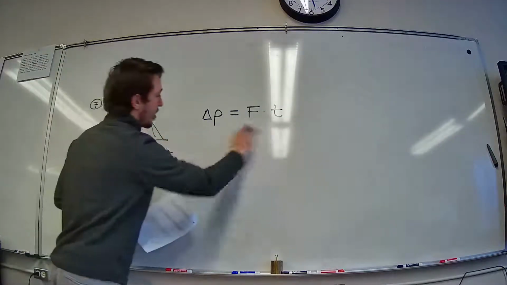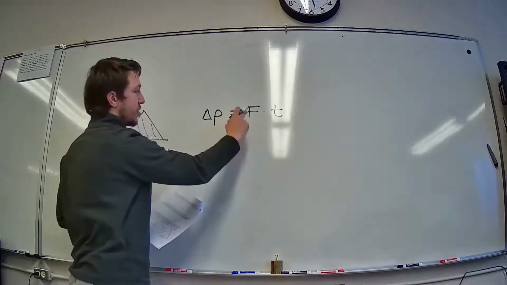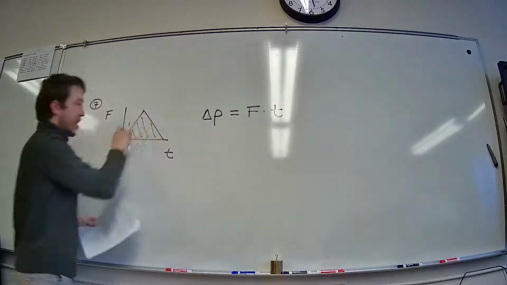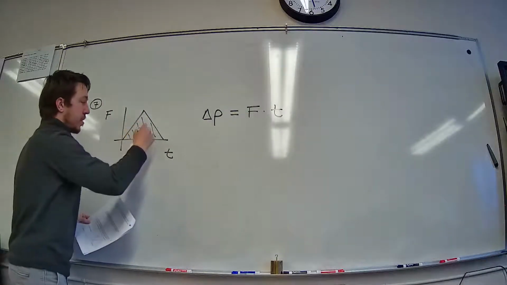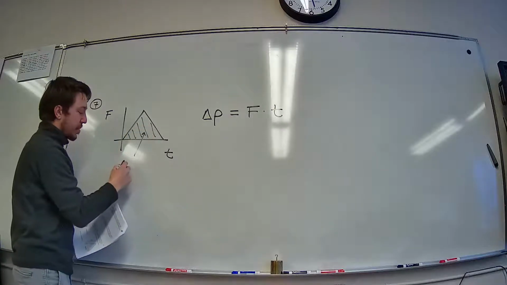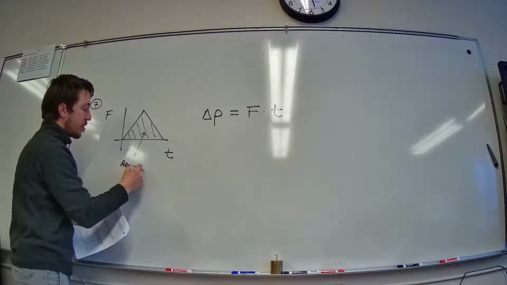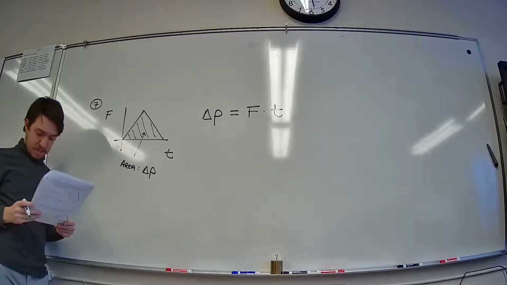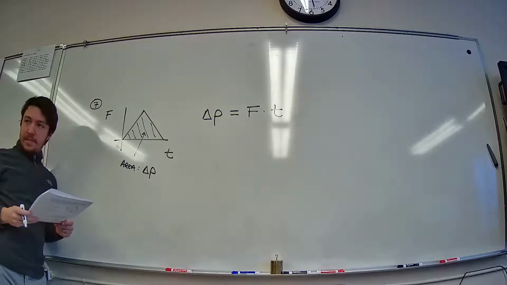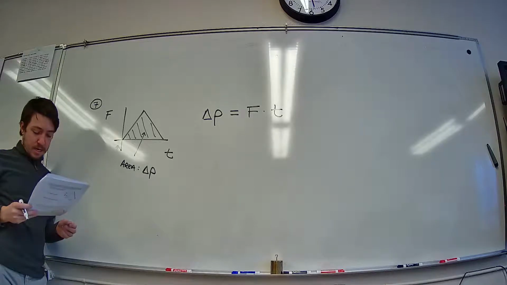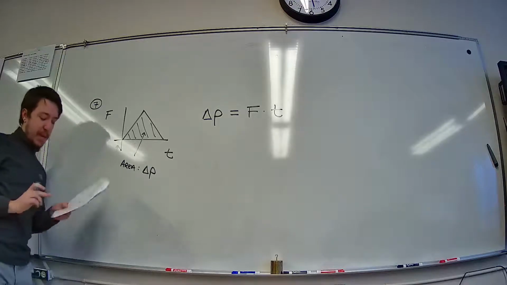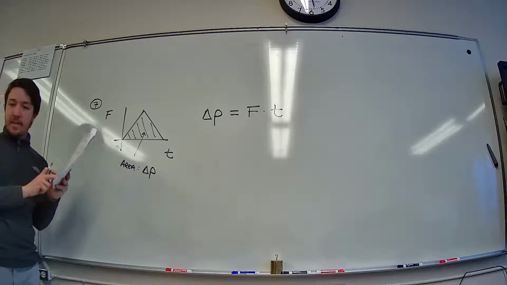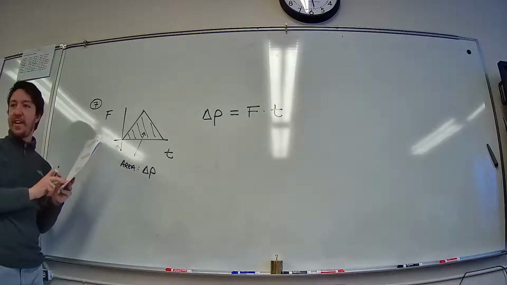So this idea that the change in momentum is equal to the force times the time tells me that the area under this curve is going to be telling us the change in momentum. Okay? Make sense?